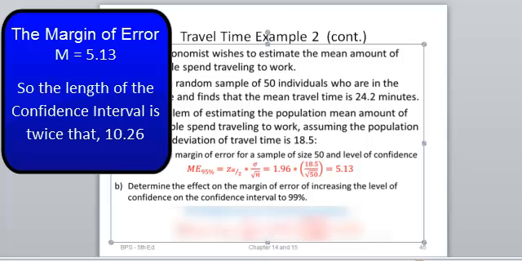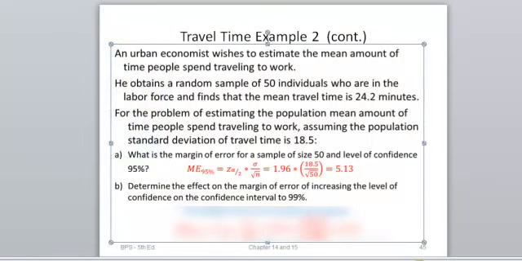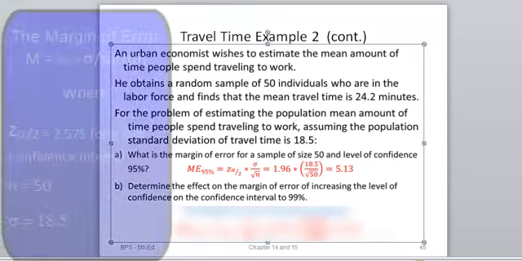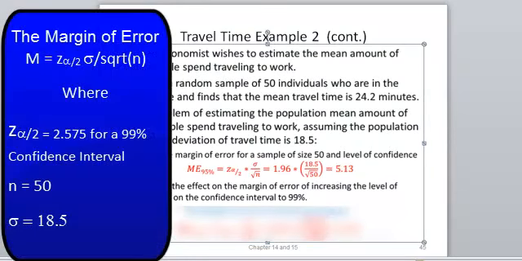Now let's determine the effect on the margin of error of increasing the level of confidence on the confidence interval to 99%. Well, the margin of error for the 99% confidence interval, remember what the margin of error is, the critical value times the standard error. Well, the critical value for a 99% confidence level is 2.575.